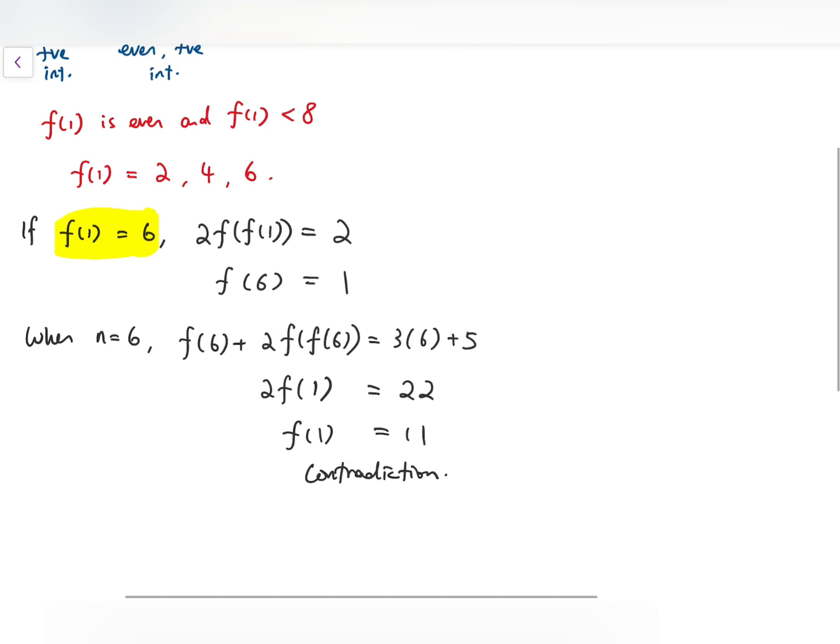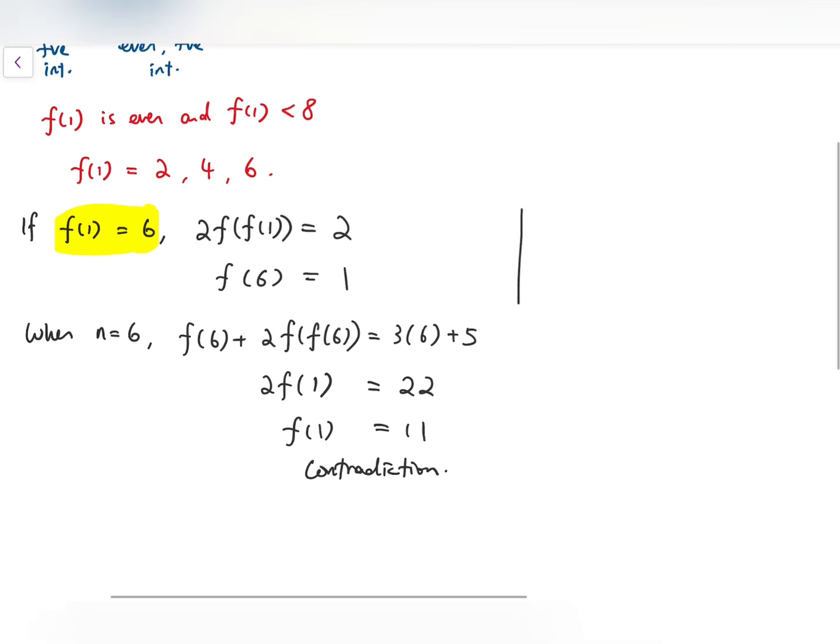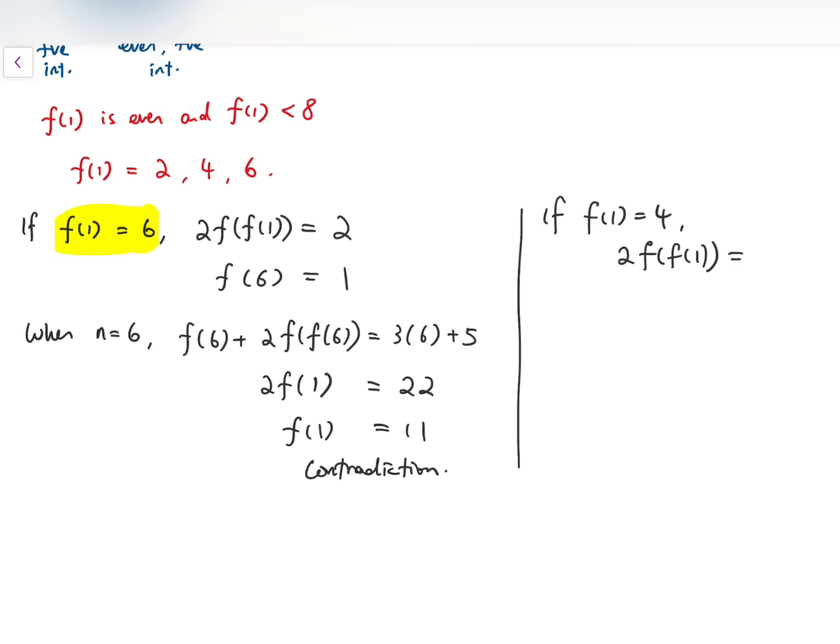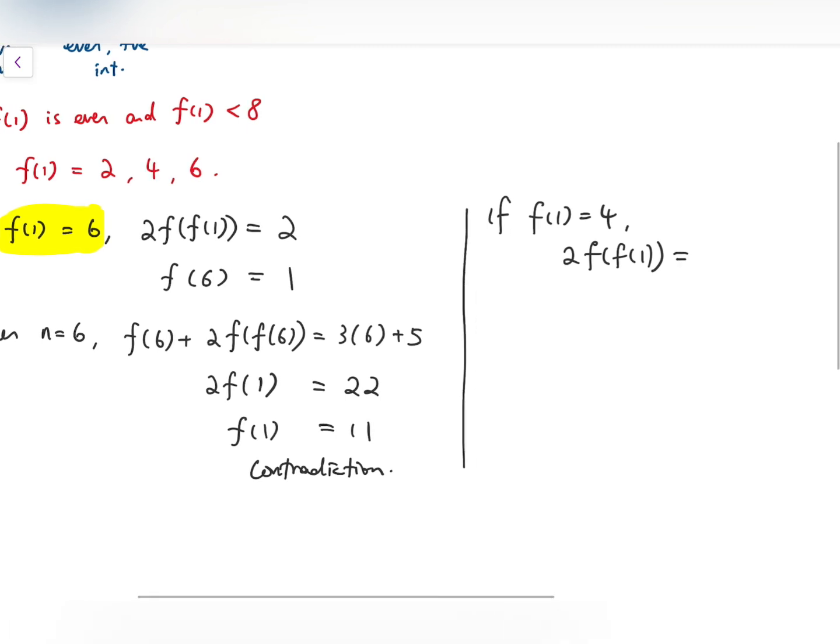Next, we can take a look at what happens when f of 1 equals 4. Then 2 times f of 1 equals 8 minus 4, and that's 4. So f of 4 equals 2.